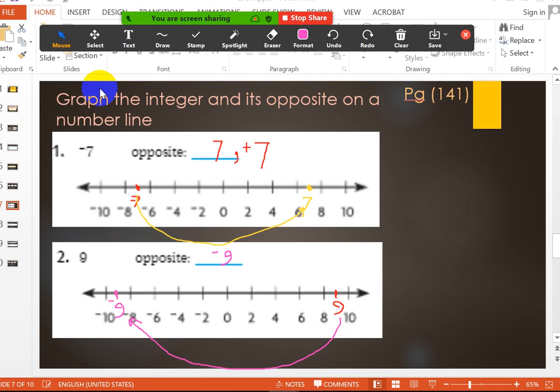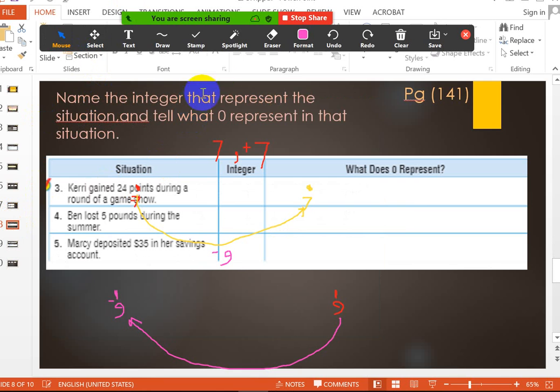Okay, thank you so much, girls. So let's continue now to do this table. Name the integer that represents the situation. We solved something like this yesterday, and tell what 0 represents in this situation.